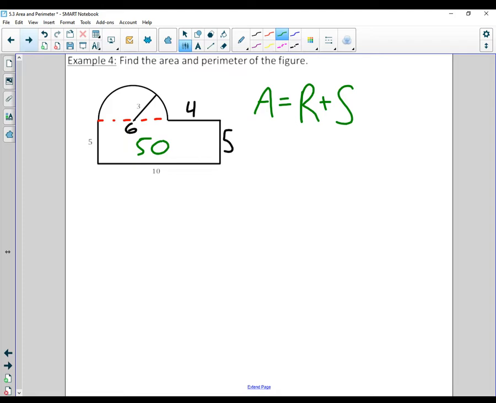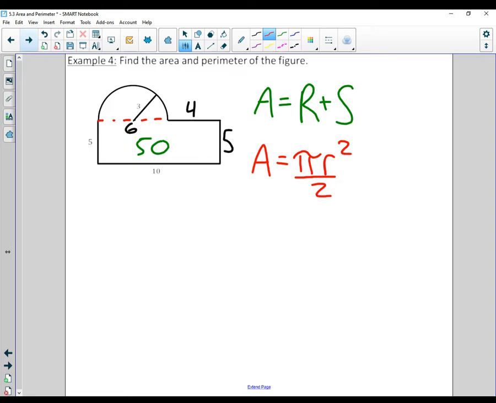Well, the area of a circle is pi r squared. But since we only have half the circle, don't we want to divide that by 2? This would just be the area of the whole circle, but we have half a circle. So divide it by 2.